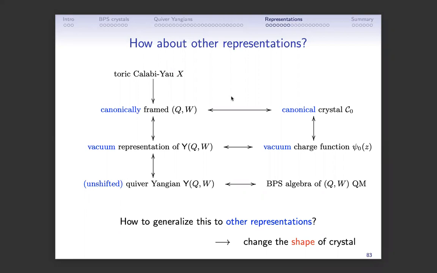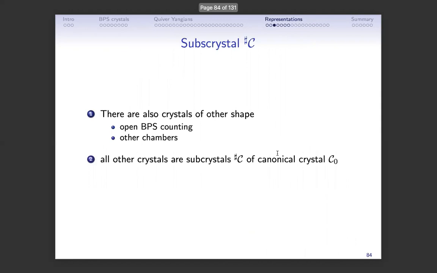Now the question is how to generalize this to other representations. The hint is that we can change the shape of the crystal. The hint comes from looking at other types of BPS counting systems. For example, we can look at other chambers, or we can include open BPS states.